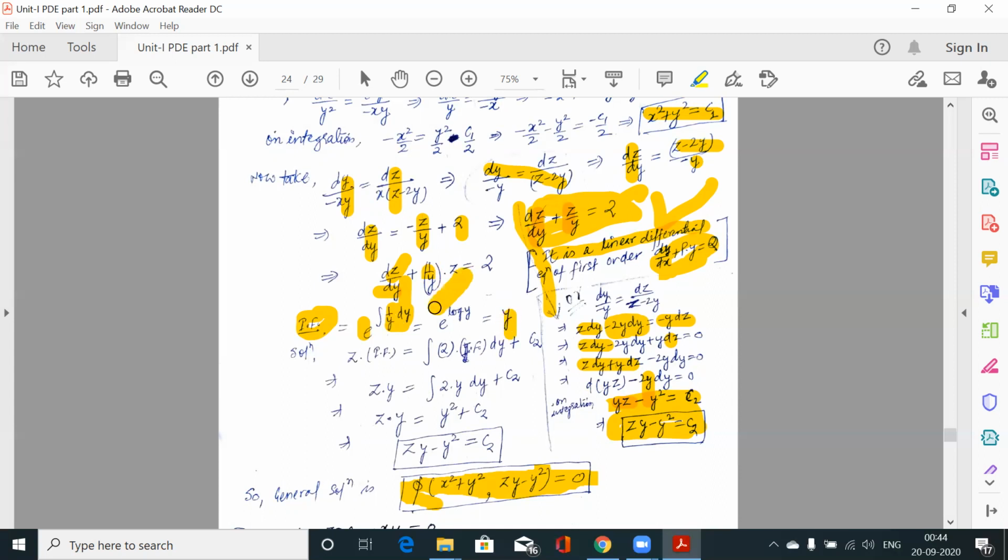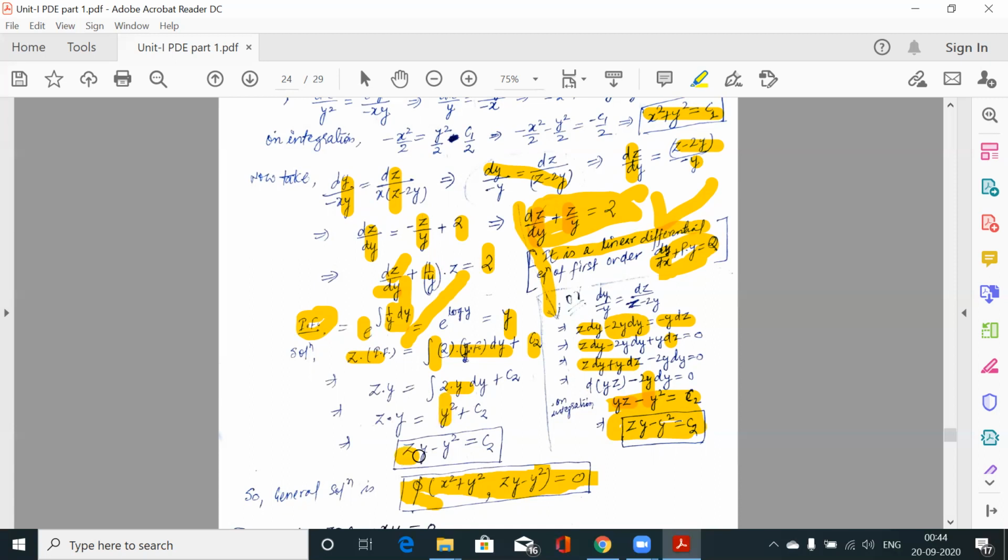Now the solution of this linear equation is, we know, the dependent variable into the integrating factor. So z into the integrating factor is equal to the integration of the right hand side, that means 2 into the integrating factor dy, plus the integrating constant c2. So the integrating factor is y, so this is 2y, and the integration is y square.